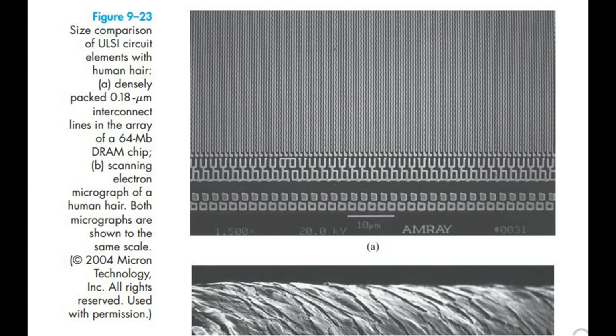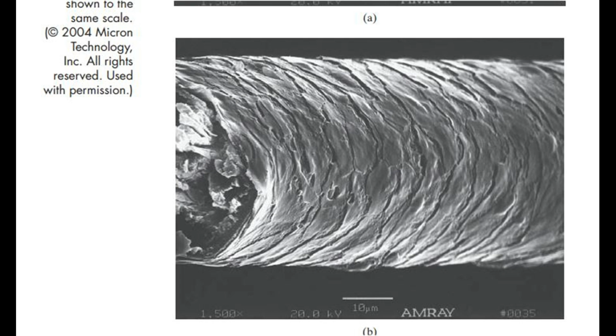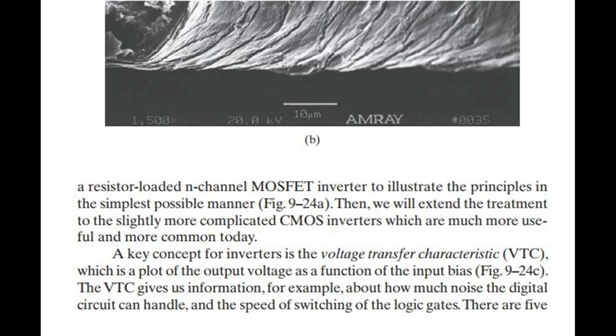A, densely packed 0.18 micrometer interconnect lines in the array of a 64 megabyte dynamic random access memory chip. B, scanning electron micrograph of a human hair. Both micrographs are shown to the same scale. 2004 Micron Technology, Incorporated.